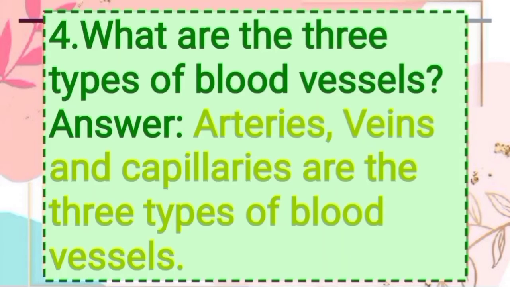Now next, what are the three types of blood vessels? So as you know, blood vessels are thin tubes that run through the entire body to transport blood, and arteries, veins, and capillaries are the three types of blood vessels.